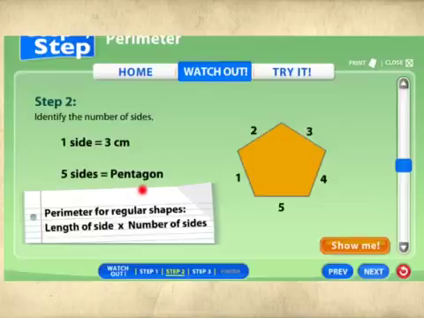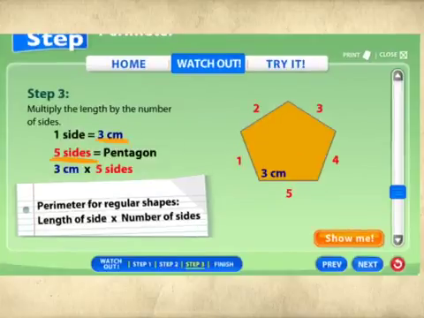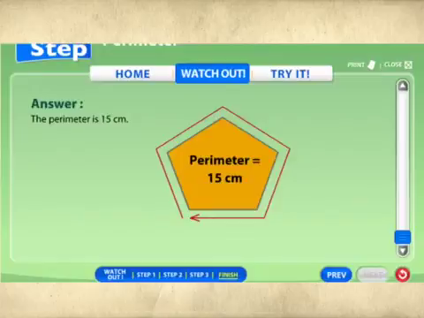This shape has 5 sides. It's a pentagon. Multiply the length by the number of sides. The length is 3 centimeters, and there are 5 sides. That means we'll multiply 3 by 5. The perimeter of this pentagon is 15 centimeters.